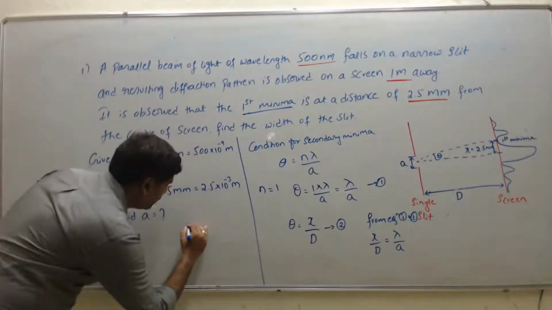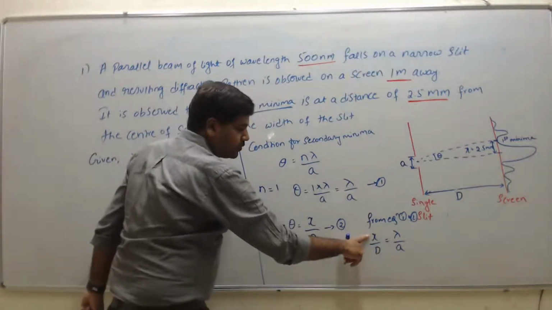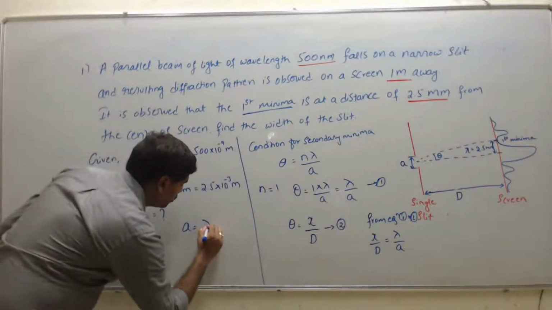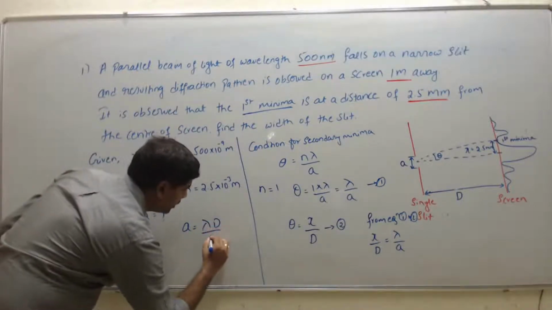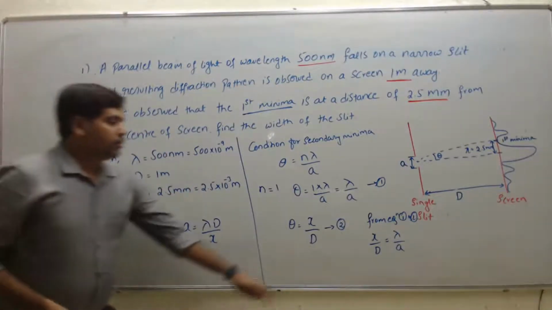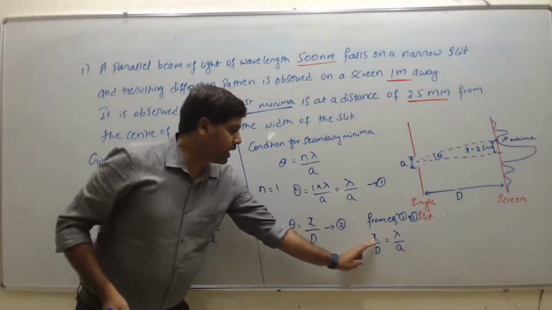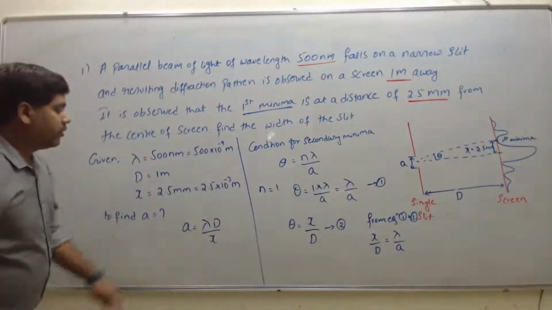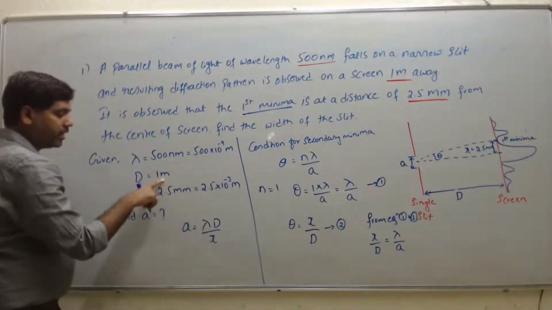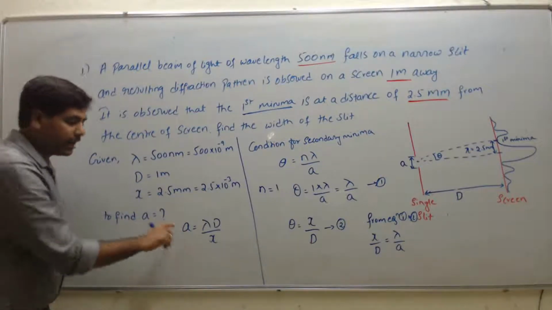A goes to the left side, then it goes to the numerator, so A is equal to lambda D divided by x. D goes to the RHS, meaning it goes to the numerator, and x goes to the denominator. Now we know the value of lambda, D and x, so we can find the value of A, right?